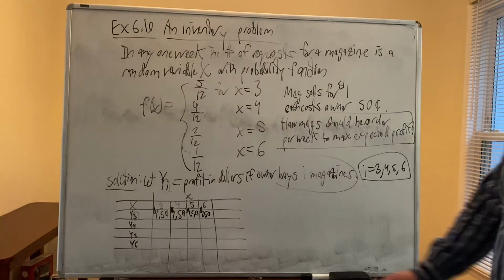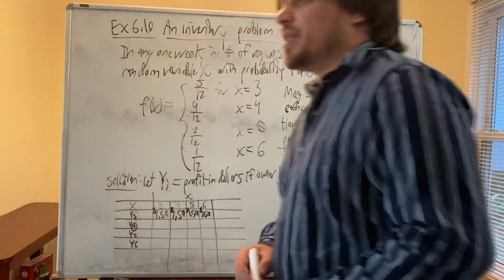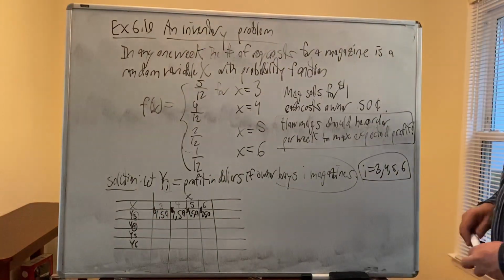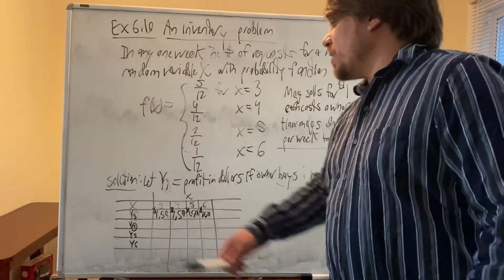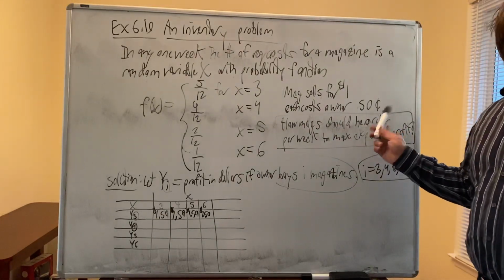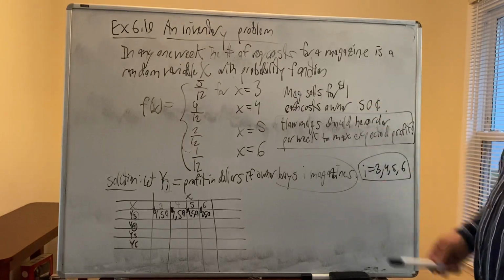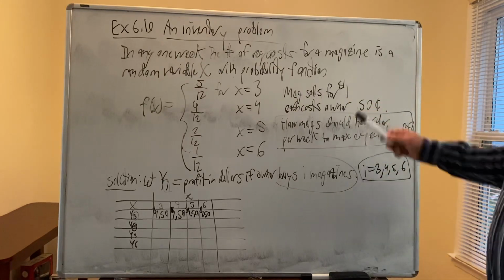Okay. Now if he buys 4 magazines, then if there's 3 requests for magazines, he spent $2 to get those 4 magazines. But he can only sell 3 of them, so he makes $3 and loses $2.